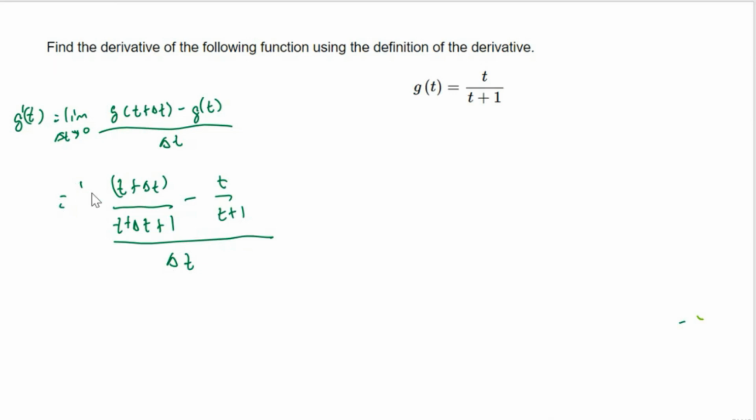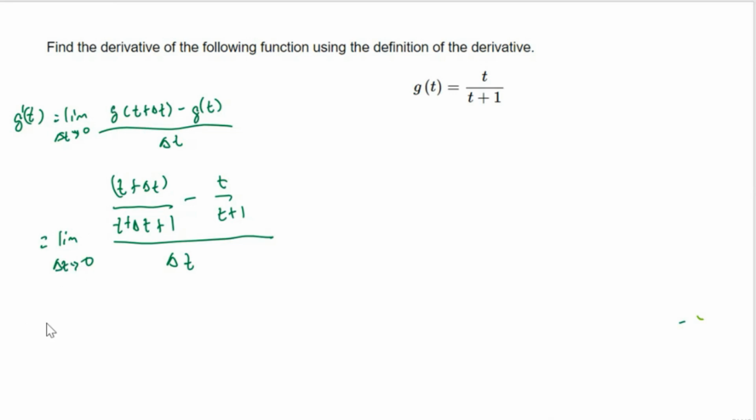We can write the equal sign here properly, so it should be here: the limit of this function on the right side as delta t approaches 0.